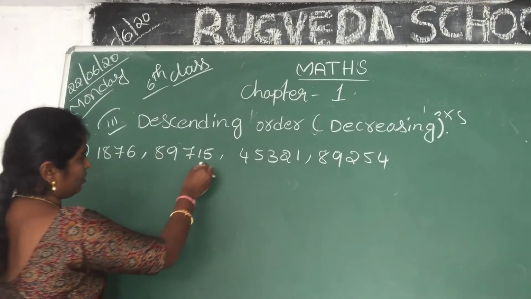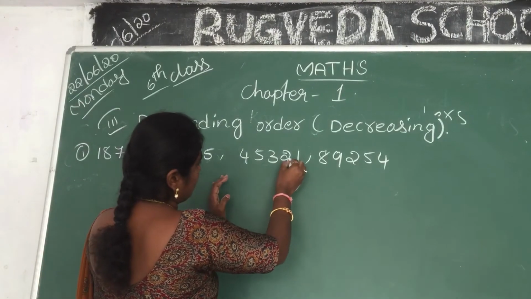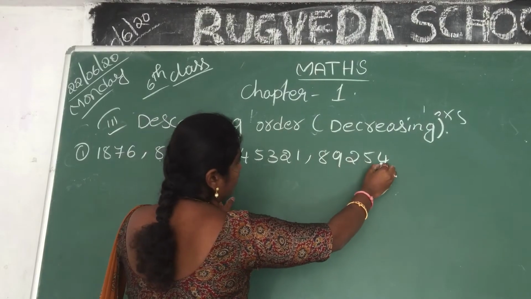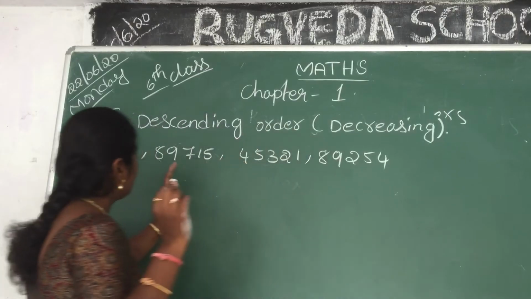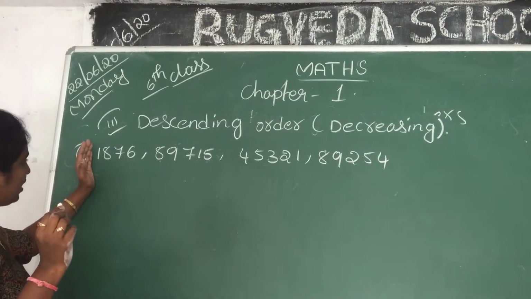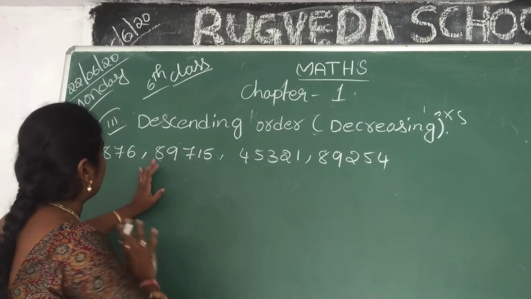Next second number check, ones, tens, 100, 1000, 10,000. Here 10,000s are there. Again here 10,000s. So these three numbers are in 10,000 places, and you have this only one number is there in the thousands place. Let us check which one is the bigger number.